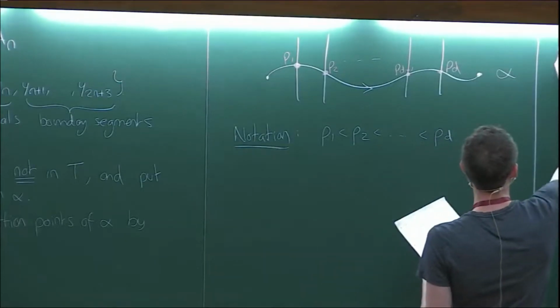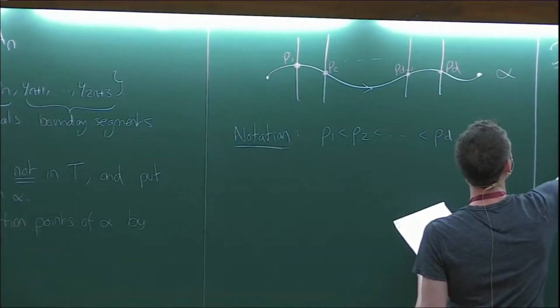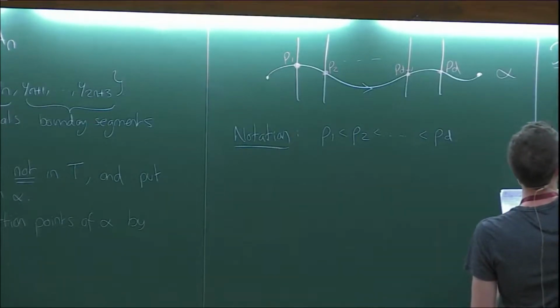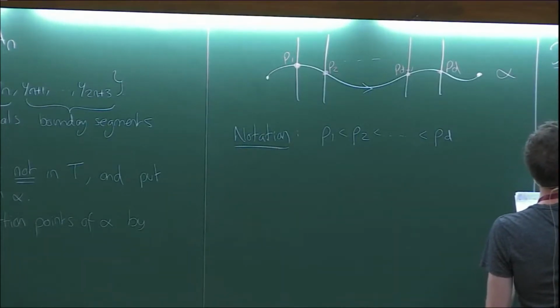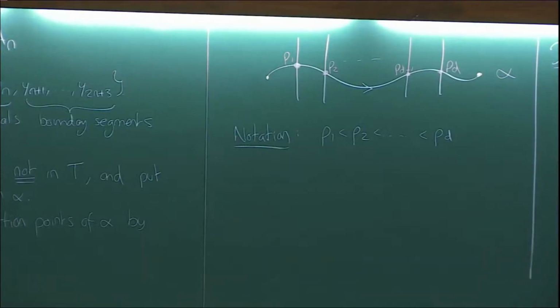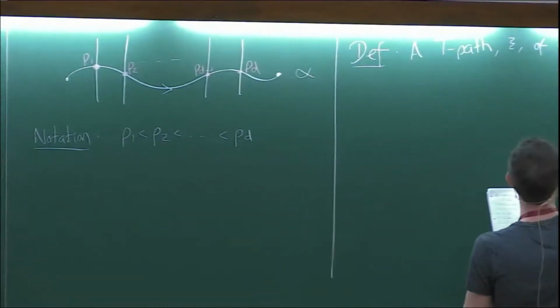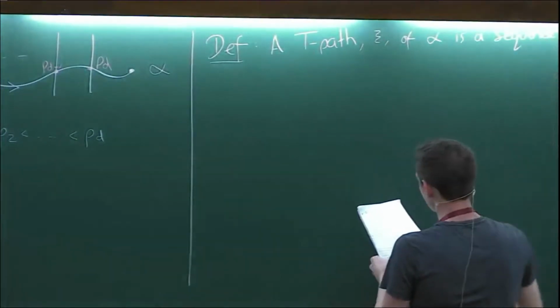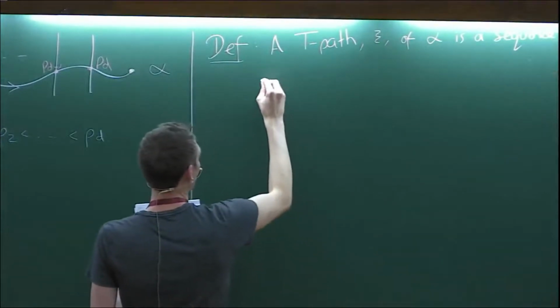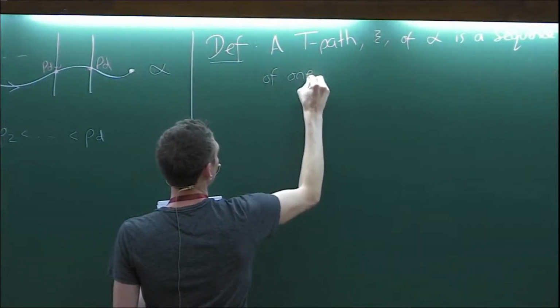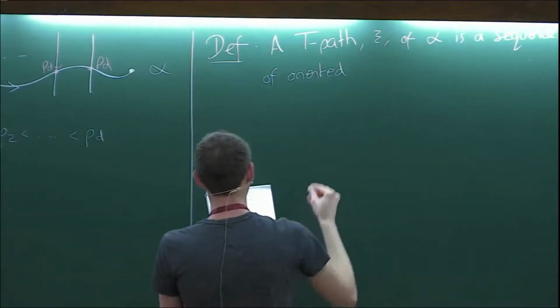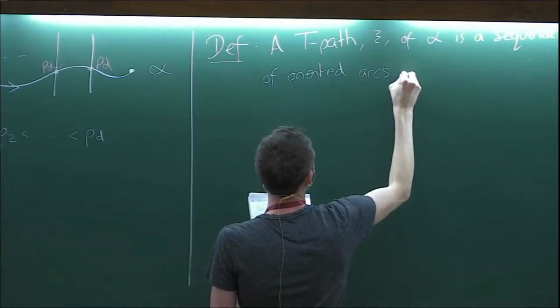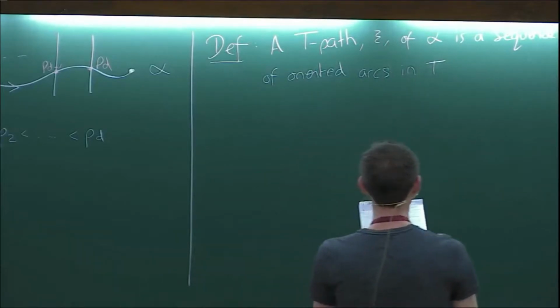So now we can get on to the definition of T-path. So a T-path, which will always be written as zeta of the arc alpha, is a sequence of oriented arcs in T satisfying some property.